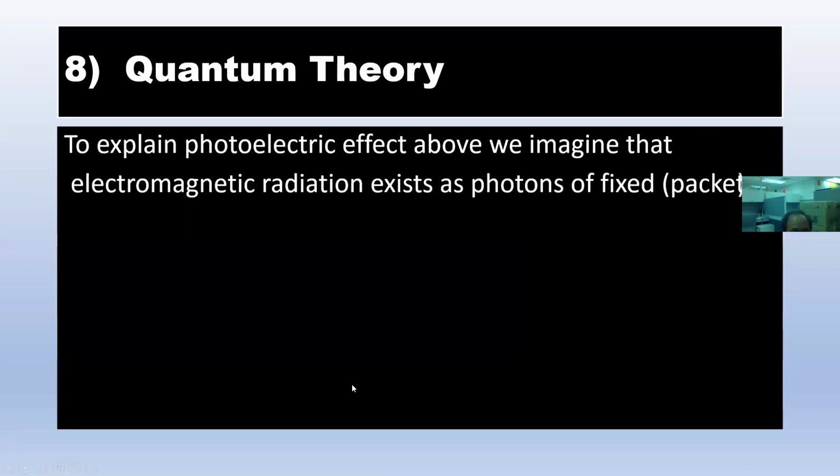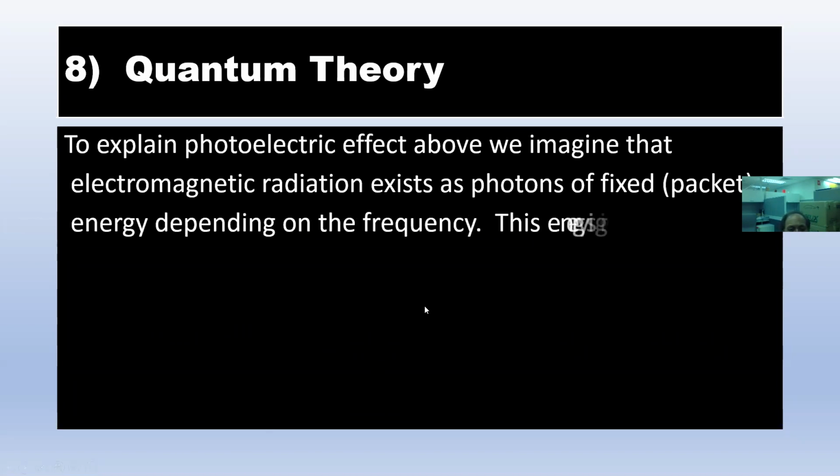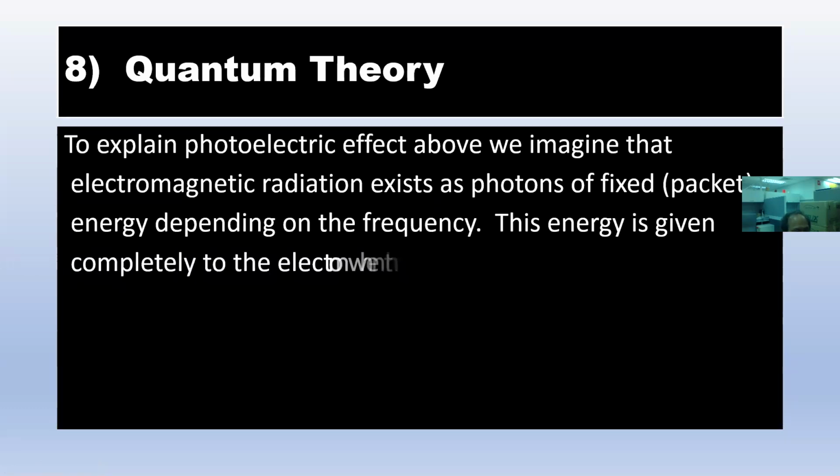Okay, so in quantum theory, to explain the photoelectric effect, we just think of the electromagnetic radiation like a packet of water that you throw at your friend running around. So we can think of electromagnetic radiation as photons of fixed energy. It can be one packet, two packets, three packets, and that energy depends on the frequency. Energy of the photon depends on the frequency: E equals hf. And the energy must be completely given. Just like when I throw the packet of water on you, you all get wet.